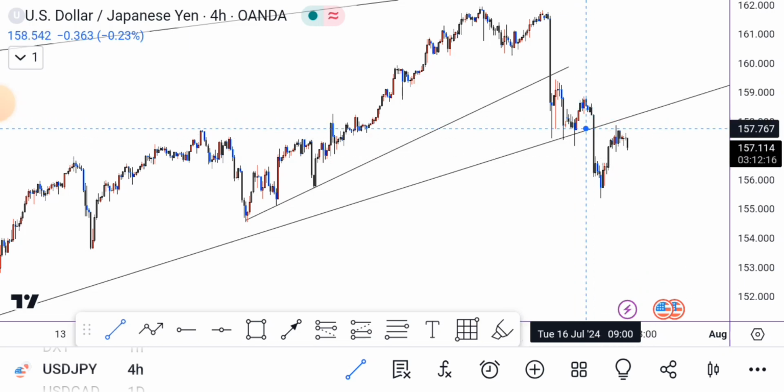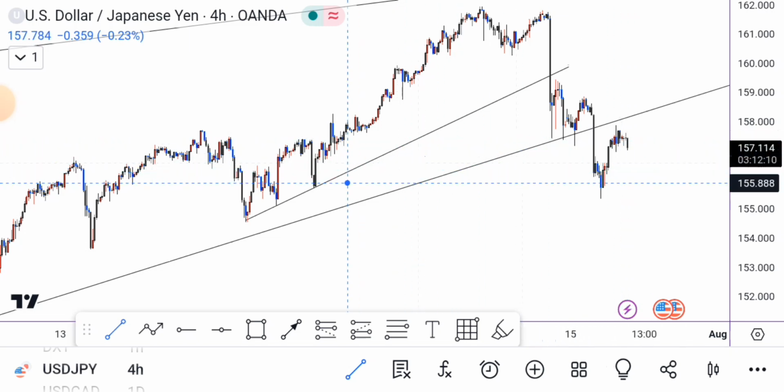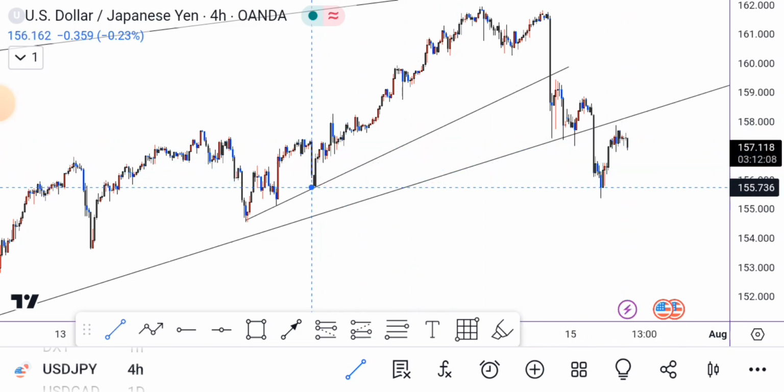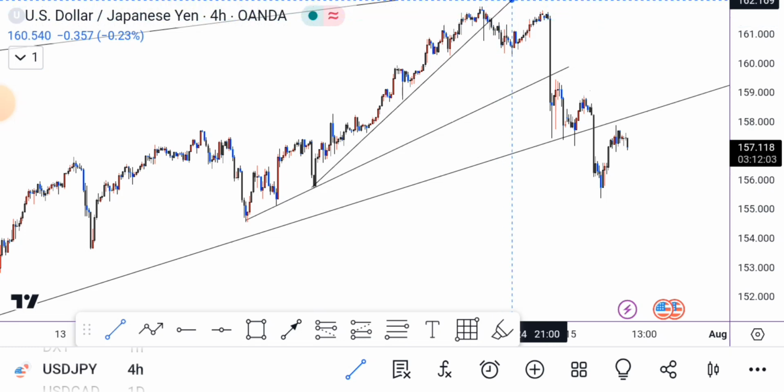Price broke this trend line on the daily time frame, broke it, came back to retest it. Now we're going way to the downside. And you guys can see over here, we connect this low with these lows over here.